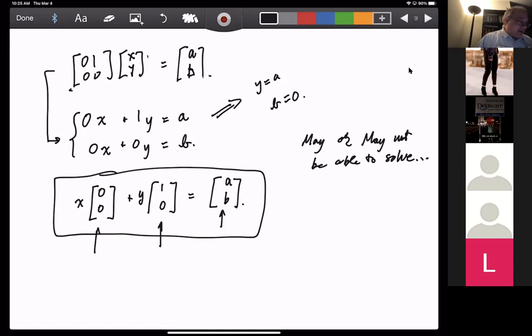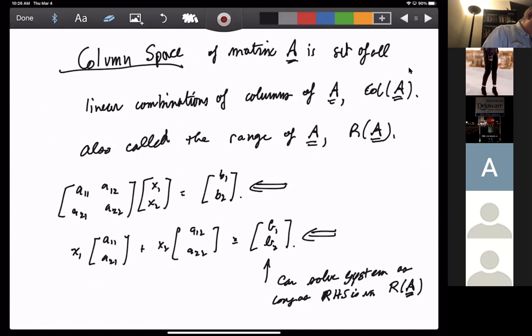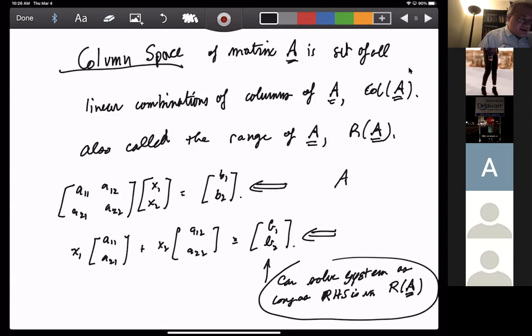So a way of saying that is that we can solve the system if the right-hand side is in the column space of the matrix. All we're saying here is that we can solve the system Ax equals b as long as this b vector, the vector on the right-hand side, is in the column space or the range of the matrix.